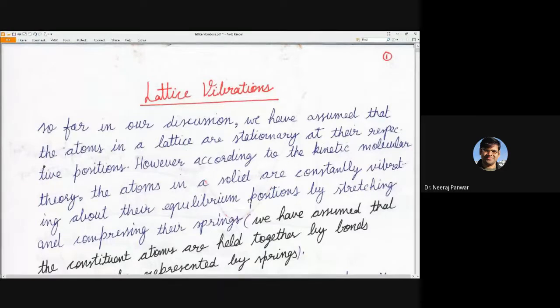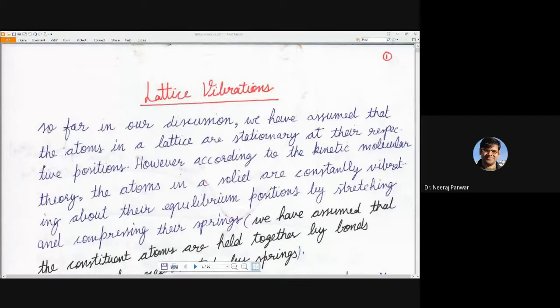But again, it is also not a complete theory. It is also not a complete theory in many sense. For example, if you consider the case of sodium, sodium atom has one electron in the outermost shell.